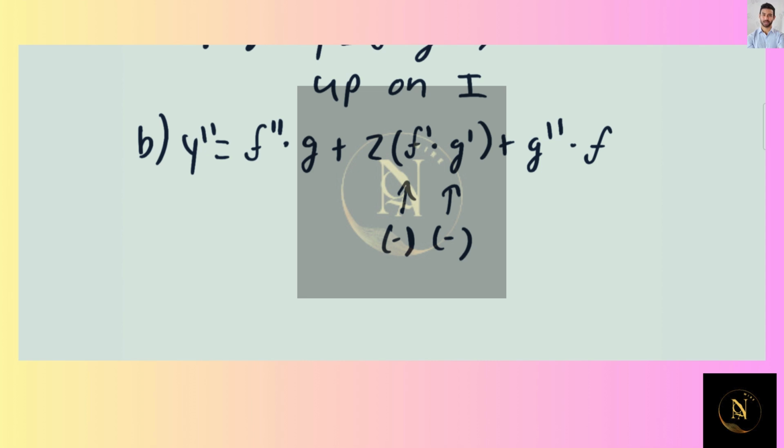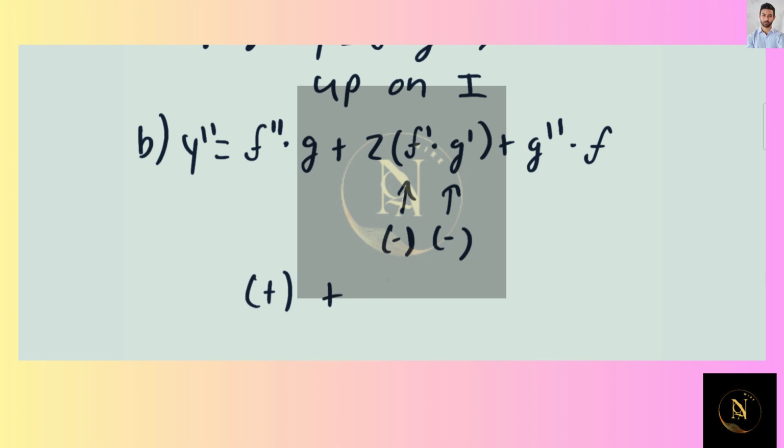And if we're decreasing, that means our first derivative is negative. So we're going to have f prime and g prime be negative. However, if we multiply a negative times a negative, that means that 2 times f prime times g prime is going to be positive. So this first term, f double prime times g, isn't going to change. That's still positive.